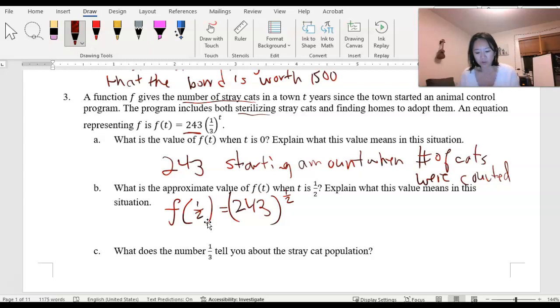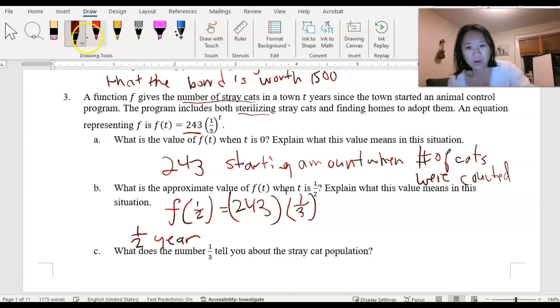So if you use your calculator, this is first of all saying that that 1/2 is time, so that's half a year, right? So at half a year, how many cats do we have left? Oh, and actually, I'm sorry. This should be 1/3 to the power of 1/2. So my bad about that.